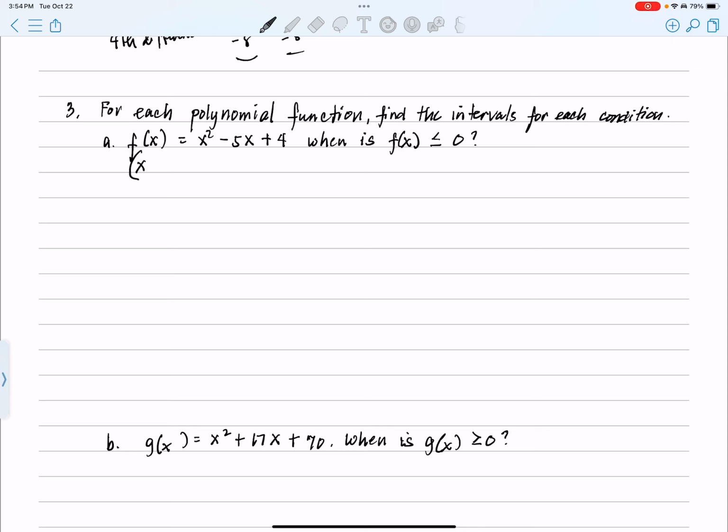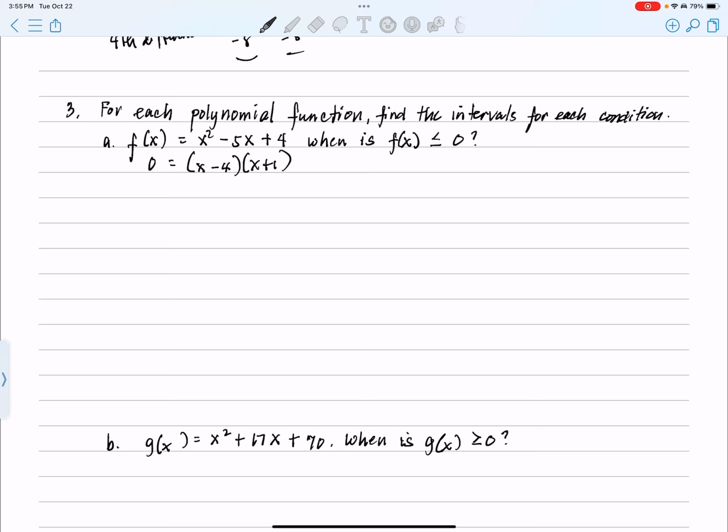Factors of 4 are 1 and 4. Let's equate the function to 0. So the factors would be x minus 4 and x plus 1. Since the middle term is negative, the greater value of the factor should be on the negative.